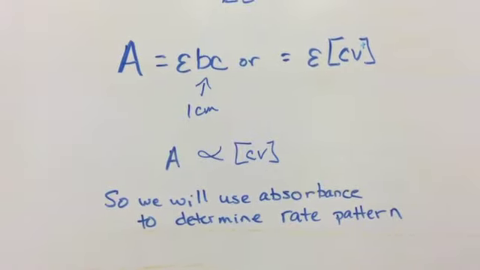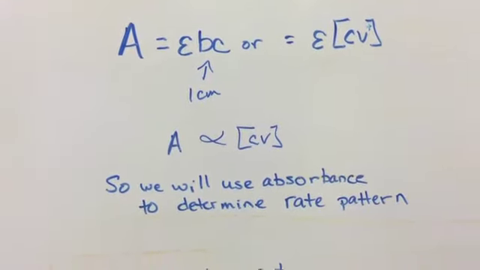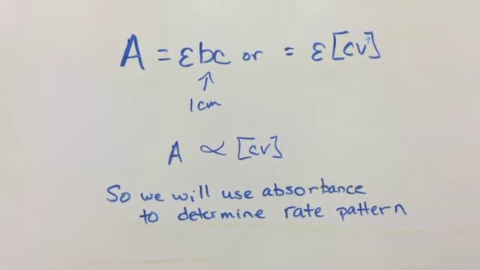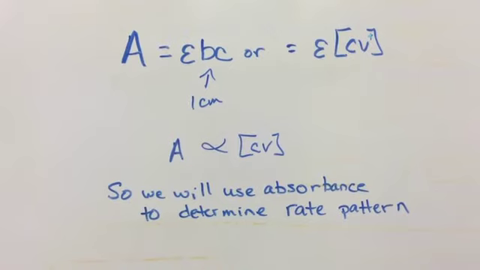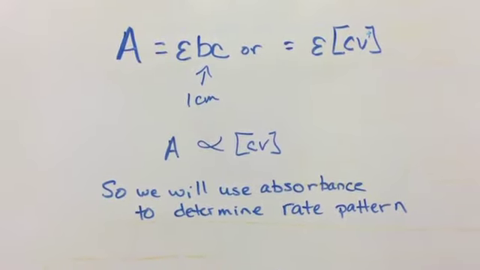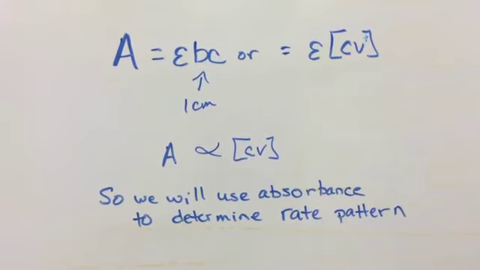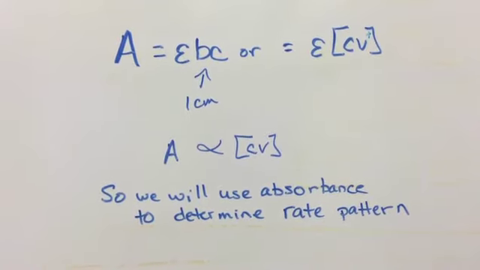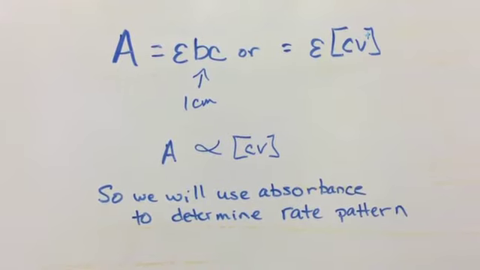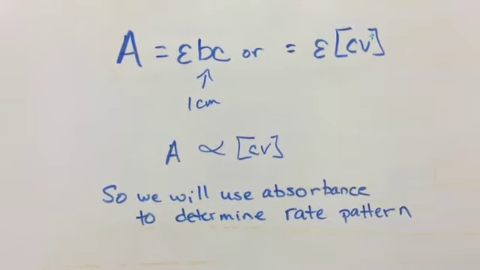To determine the concentration, we will need some method to quickly and easily determine the concentration as the reaction continues to proceed and the concentration changes. Because crystal violet is purple in color, we can use the absorbance and Beer's Law. Remember that absorbance is equal to the concentration times the cell length times the absorptivity.